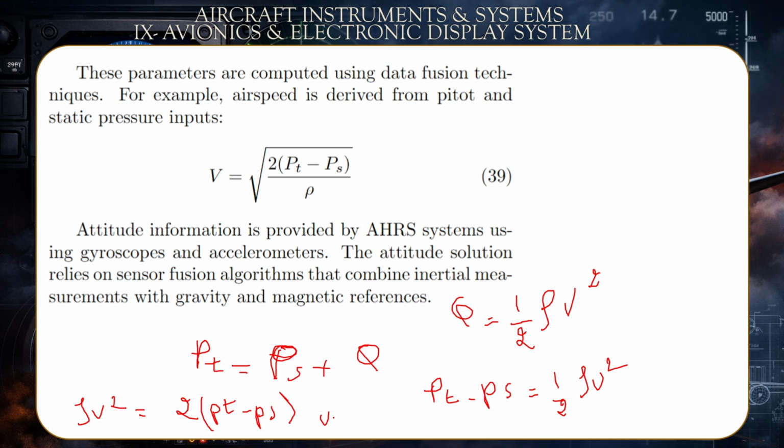Hence, V, the velocity, would be equal to the square root of 2 multiplied by PT minus PS, divided by rho, which is the density.